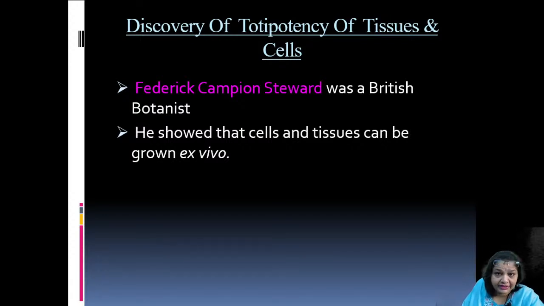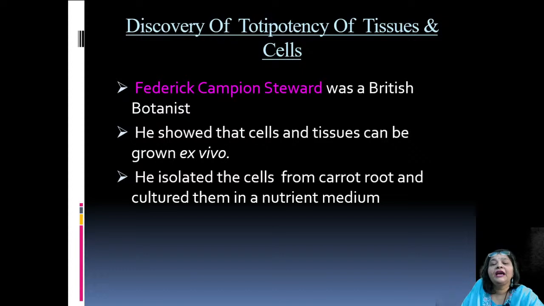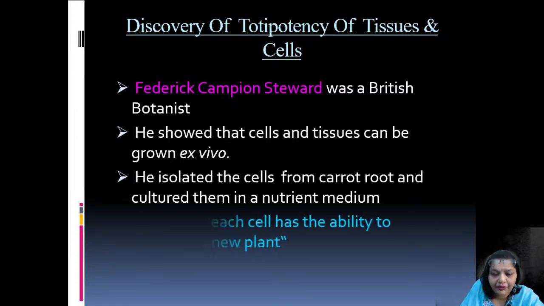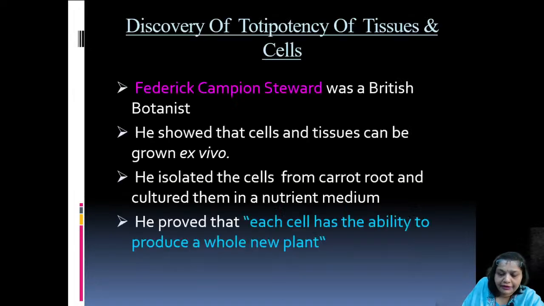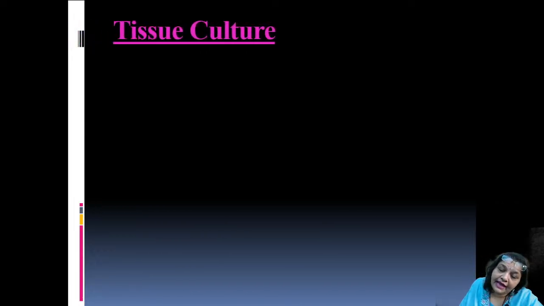So exterior to a living system, cells and tissues can be grown in controlled conditions. He performed experiments on carrot root. He isolated cells from carrot root and grew them on a nutrient medium. He also proved that each cell has the ability to produce a whole new plant. Working on carrot root, he developed the whole carrot plant.